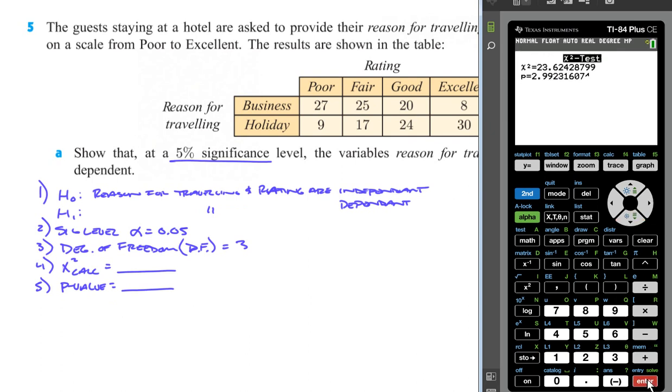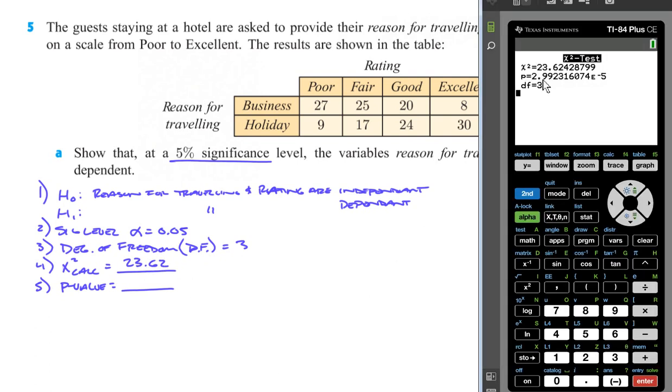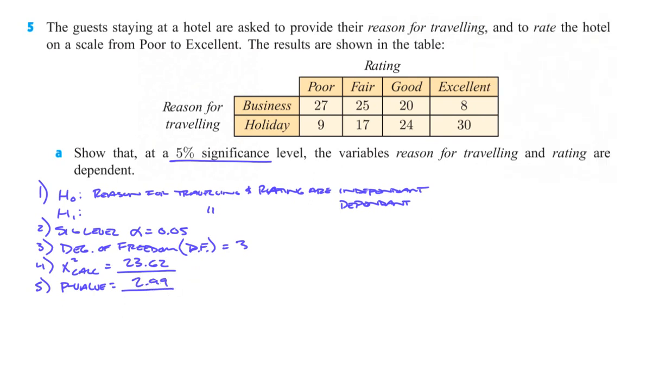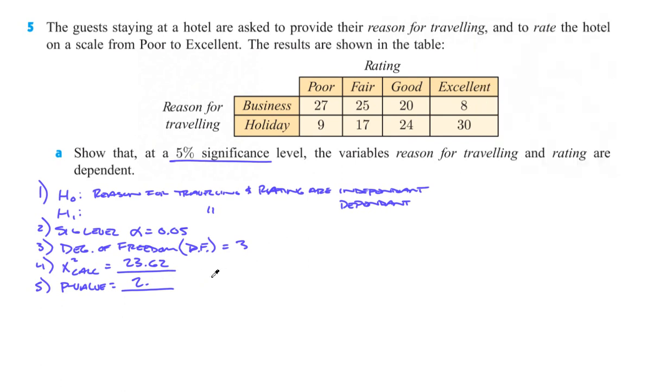Go to calculate, and it gives us chi-squared is 23.62, we'll call it. And our p-value is 2.99 e to the negative 5th. So what we want to do with that is 2.99 e to the negative 5th.